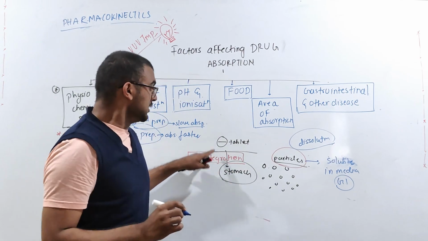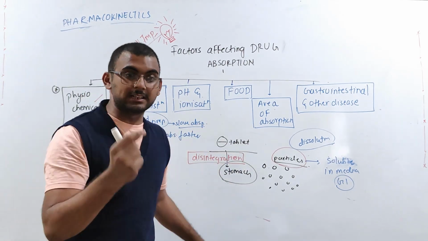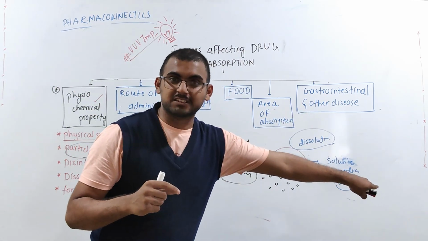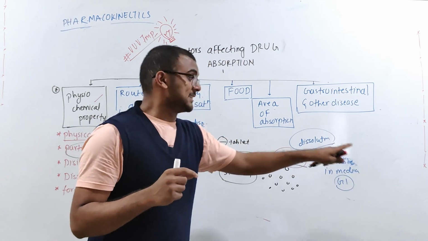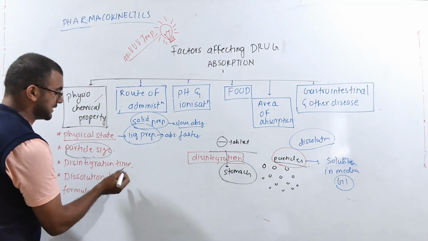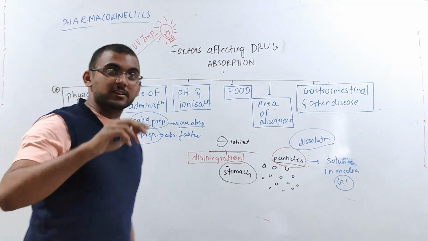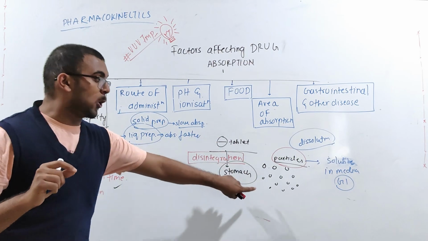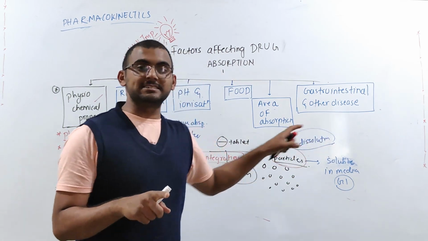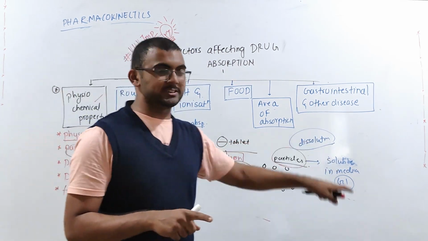So what is disintegration? Breaking down of the tablet into smaller particles. But when these particles solubilize, that is called dissolution. So now can you tell what is disintegration time and dissolution time? Time taken for the drug to break down into smaller particles is the disintegration time.